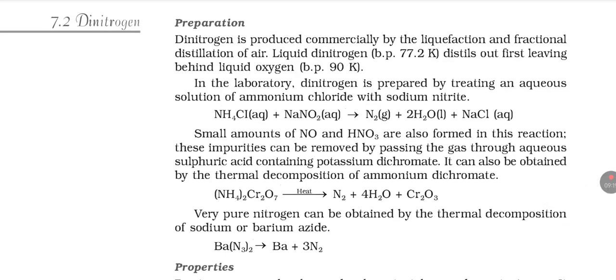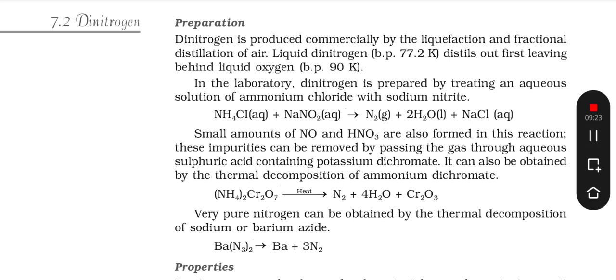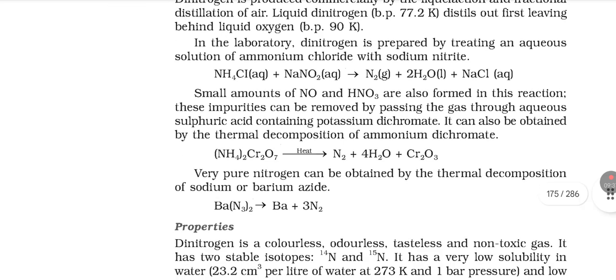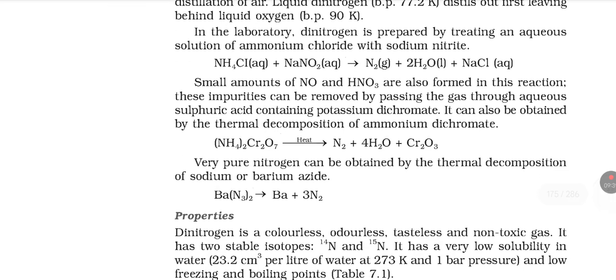Dinitrogen preparation. Dinitrogen is produced commercially by liquefaction and fractional distillation of air. Liquid dinitrogen distills out first, leaving behind liquid oxygen. In the laboratory, dinitrogen is prepared by treating an aqueous solution of ammonium chloride with sodium nitrite.